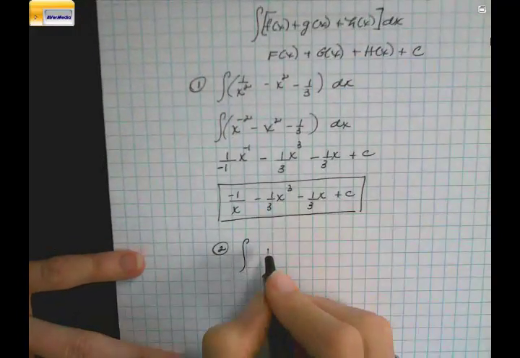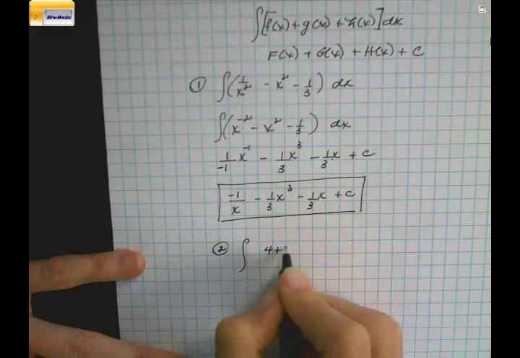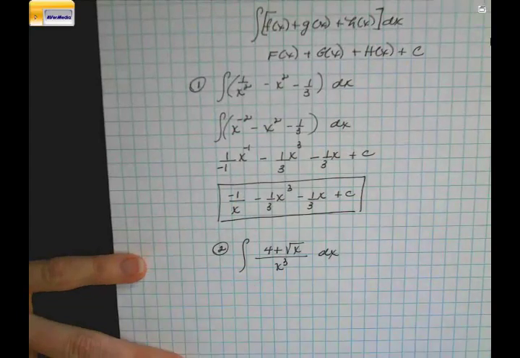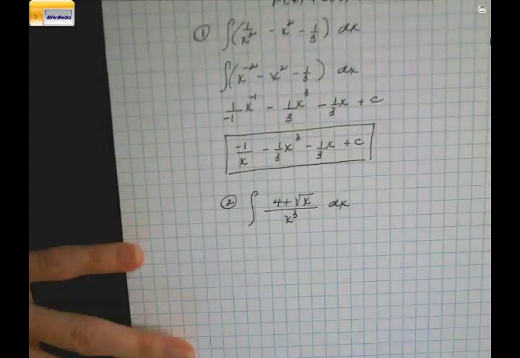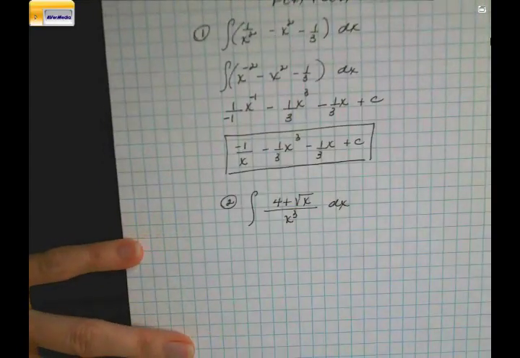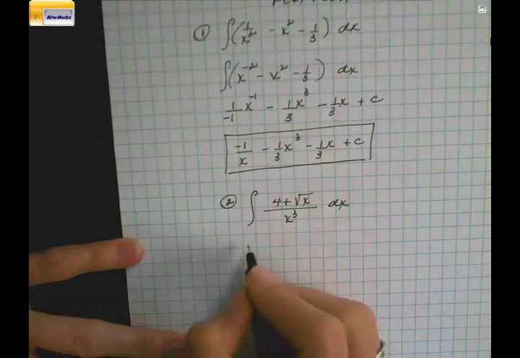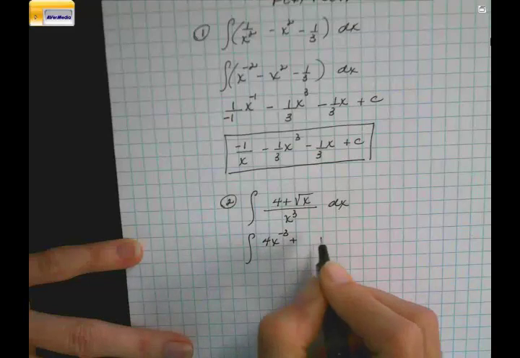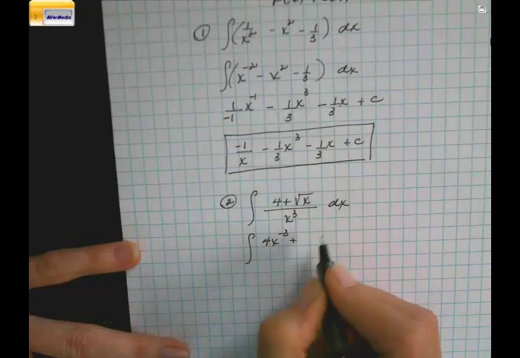Right? Suppose we want to integrate something that looks like this: 4 plus the square root of x over x cubed dx. Okay, now we don't have any special rules for these quotients, so you would want to rewrite this as 4x to the negative 3 plus the square root of x over x cubed.